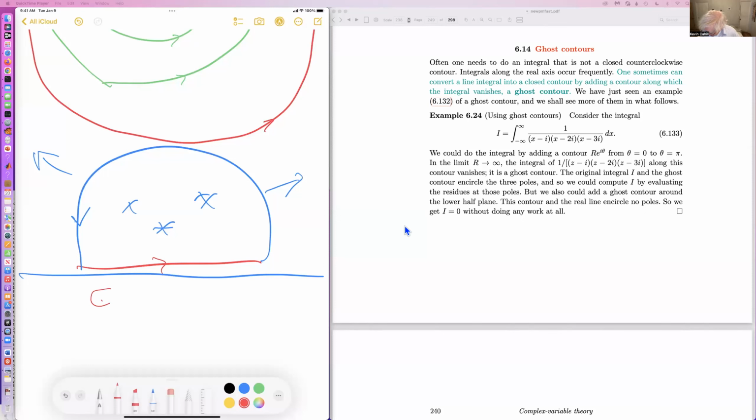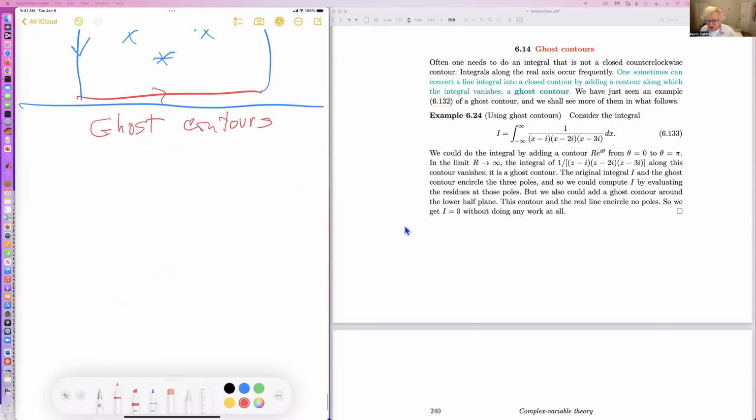So the idea is ghost contours. And here's an example, this particular integral that we've got here.